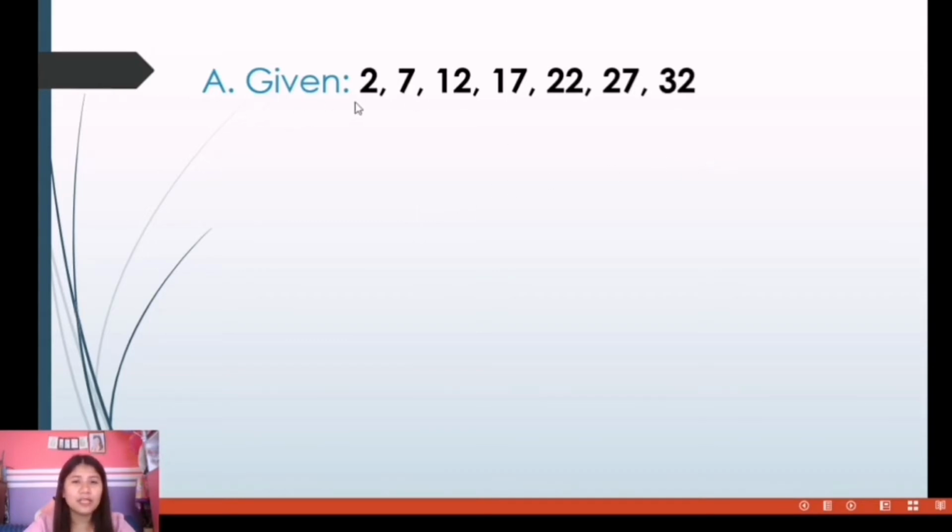So we have the given 2, 7, 12, 17, 22, 27, and 32. Okay, so the difference between the succeeding terms will be as follows. Same process, 7 minus 2 equals 5. And then for the third term, 12 minus 7 equals 5.